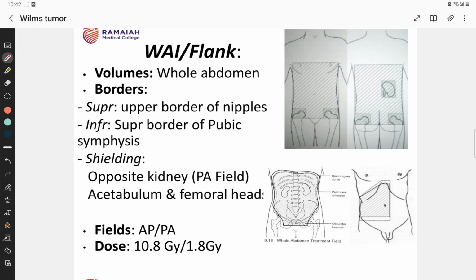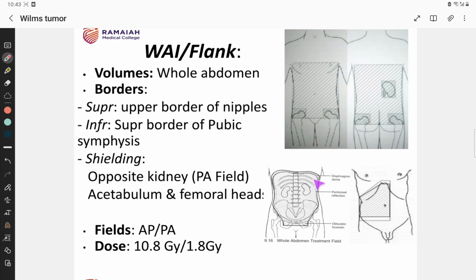The fields that we use are AP and PA. We have to shield the contralateral kidney. The kidney comes in the posterior region, so in the PA field you will shield the contralateral kidney, and you'll also shield the acetabulum and femoral heads to prevent avascular necrosis.